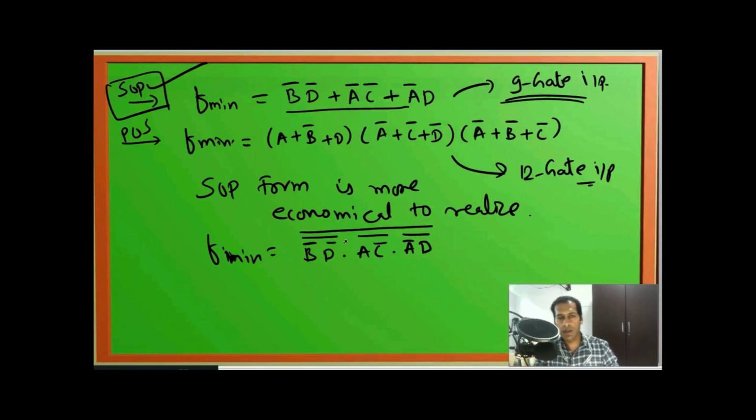Now what is our remaining task? Remaining task is just to implement the circuit by using NAND logic. So for NAND logic, we require B bar D bar, A C bar, and third one we require as A bar D. So that diagram we will see here.